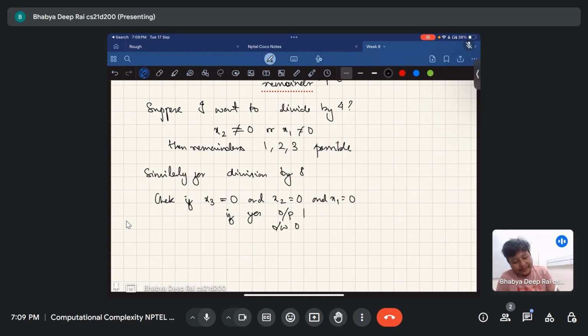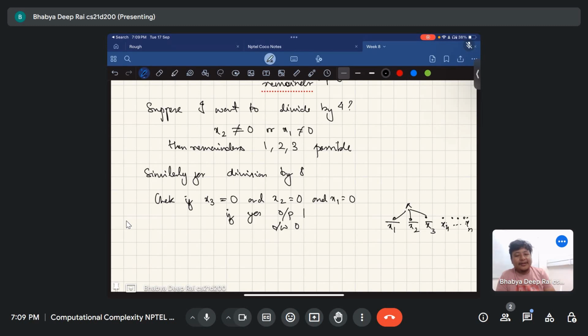The circuit will look very simple. x3 equals 0. I can do something like x1 bar, x2 bar, x3 bar, and this will be exactly my circuit. And you have x4 and so on, xn, but these are not used.